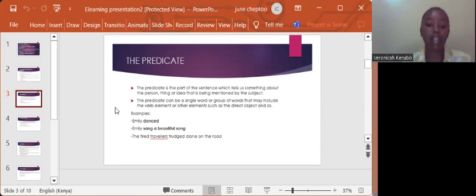Examples: Emily danced. In this example, danced is the predicate. Another one, Emily sang a beautiful song. The predicate in this example is sang a beautiful song. The tired travelers trudged along the road. The predicate in this sentence is trudged along the road.